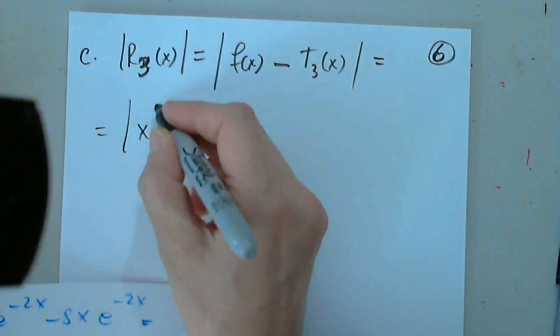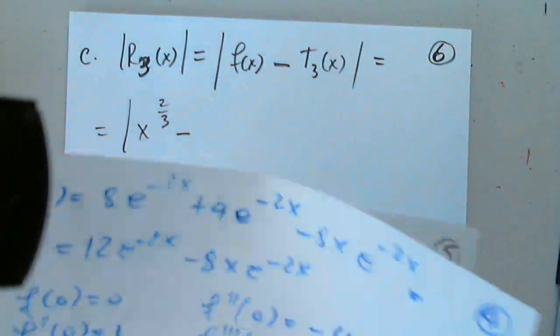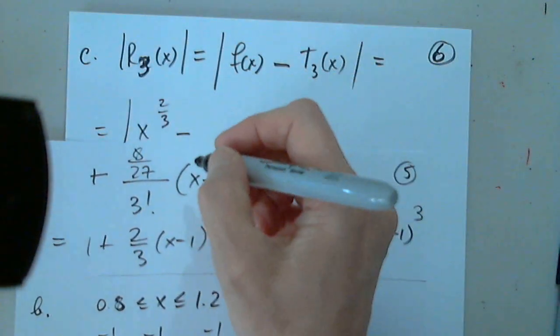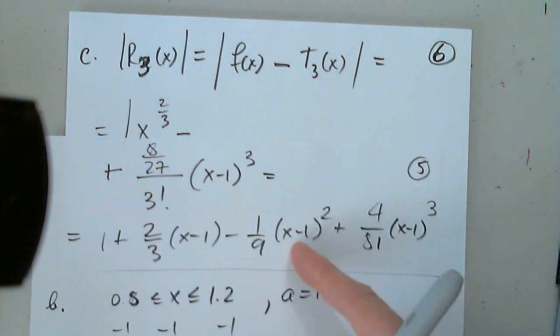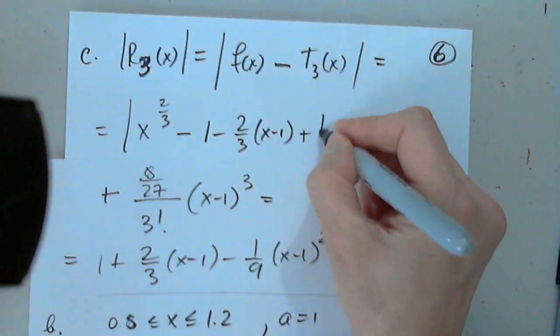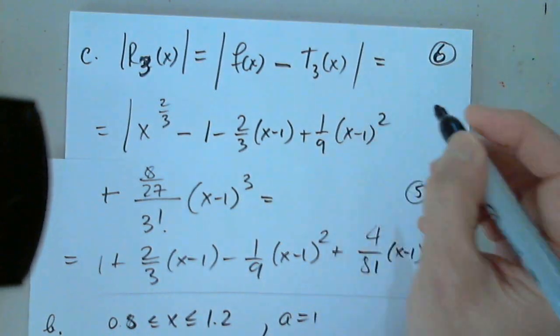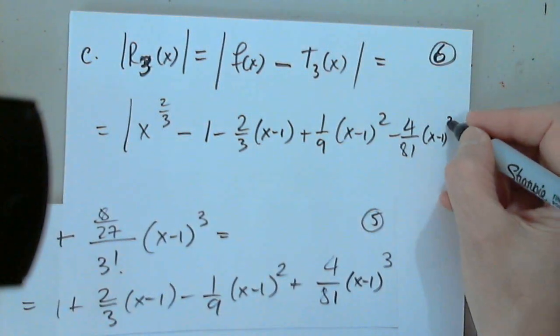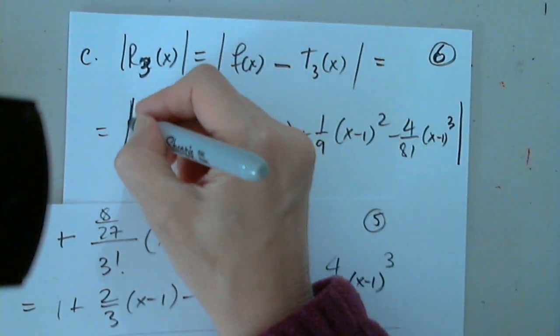So this is x to the 2/3 minus, and now I'm trying to discover the polynomial. All this minus. Remember to change all the symbols here. 1 minus 2/3 times x minus 1 plus 1/9 times x minus 1 squared minus 4/81 times x minus 1 to the third, and everything in absolute value.